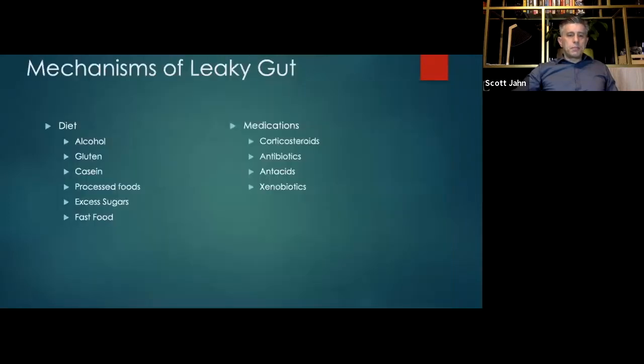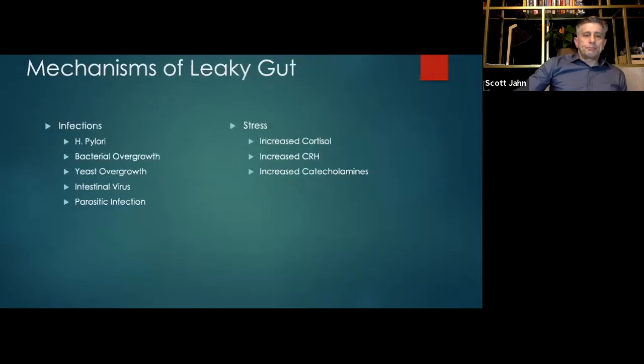So, mechanisms of leaky gut. It can be anything from alcohol, gluten, casein, processed foods, excess sugars, and fast foods. They can all weaken those gap junctions. Medications can do it, like corticosteroids, antibiotics, antacids, and xenobiotics.